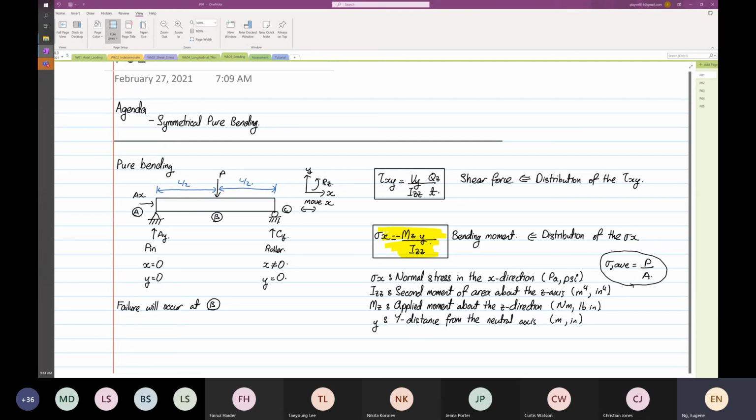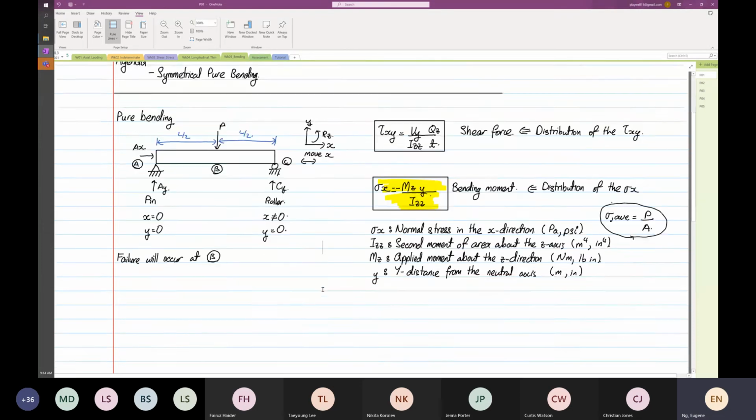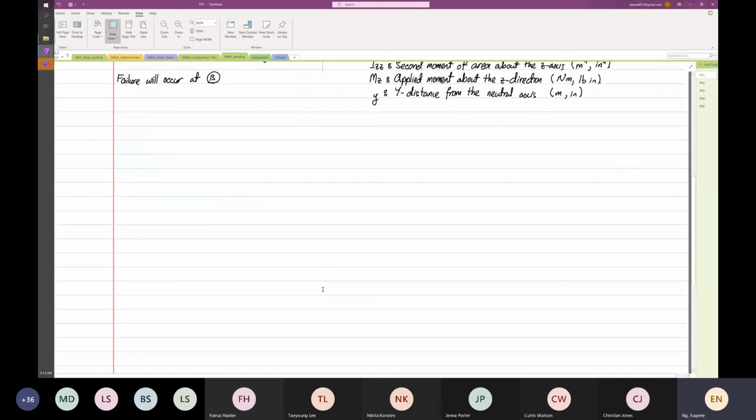Okay, a trend. Okay, so now let's look at the structure that we've just drawn, that you see over there. So if you look at the deformation pattern, we're going to look at the deformation pattern now.